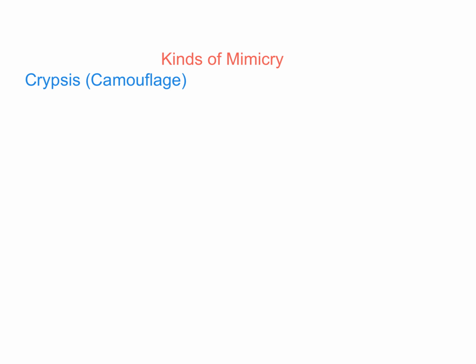Yeah, so crypsis is camouflage, and that's defined by the model. Okay, so in crypsis, the model is some inanimate object. Now, if you're an inanimate object, can you be something that's alive? No. Yeah, you can. Okay, really look at the word.